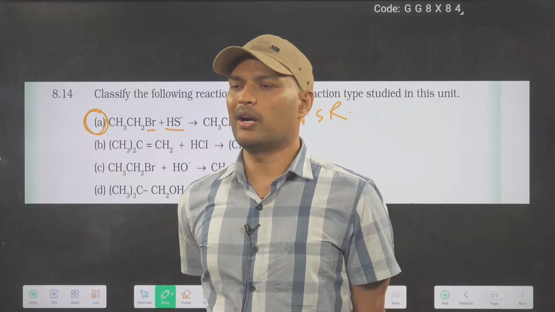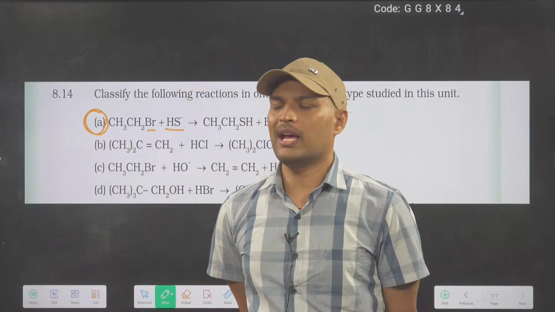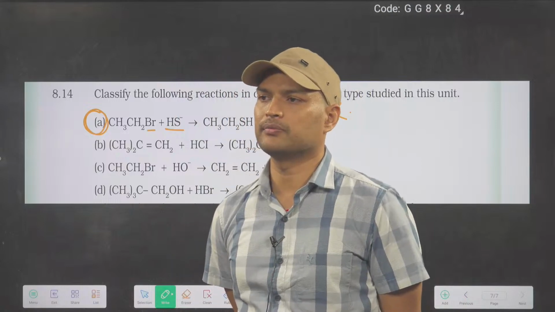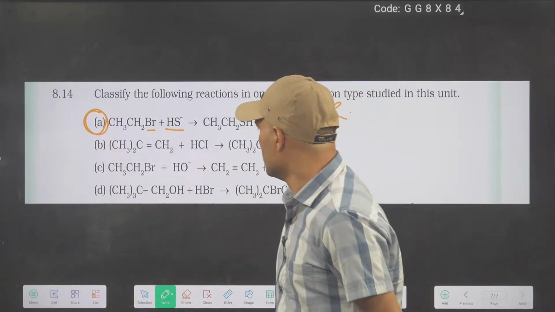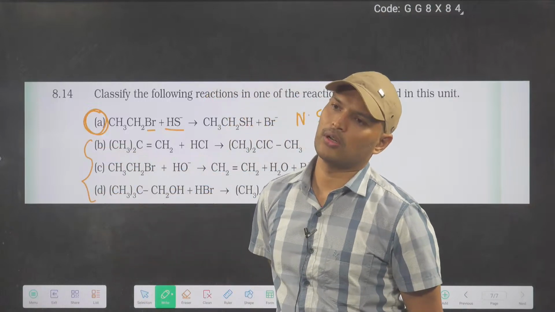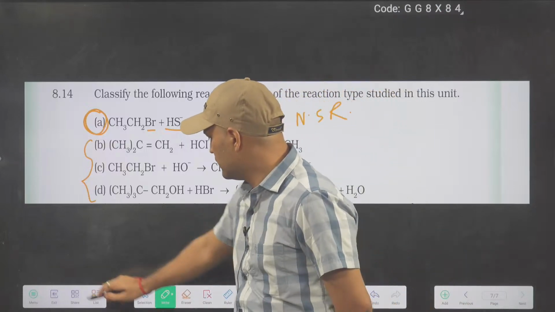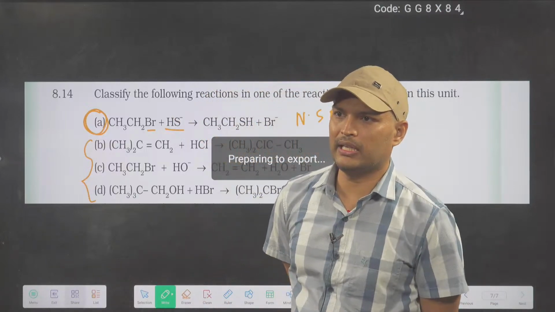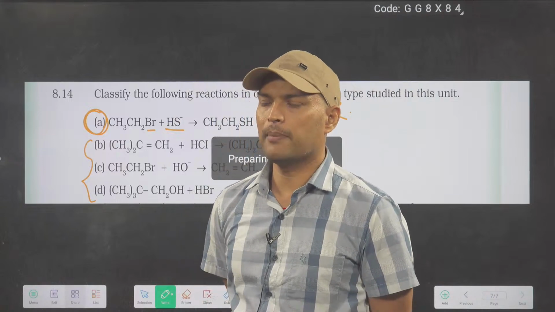Understood? So whatever we studied in this 50 minutes, we have seen 4 questions from NCERT. So that's all for today. We have studied so many classes and so many topics.